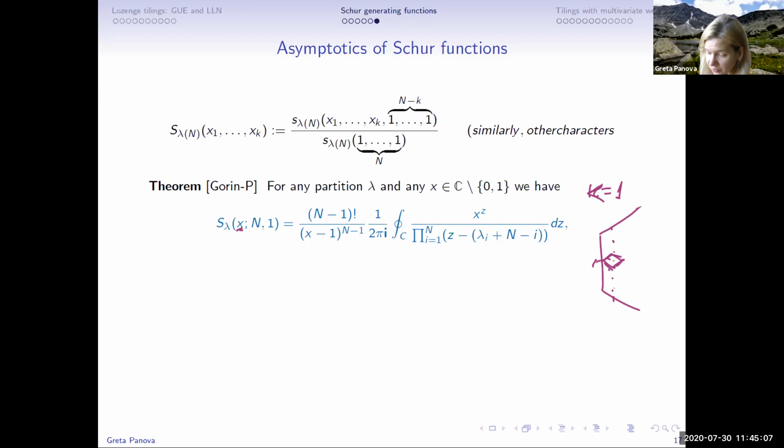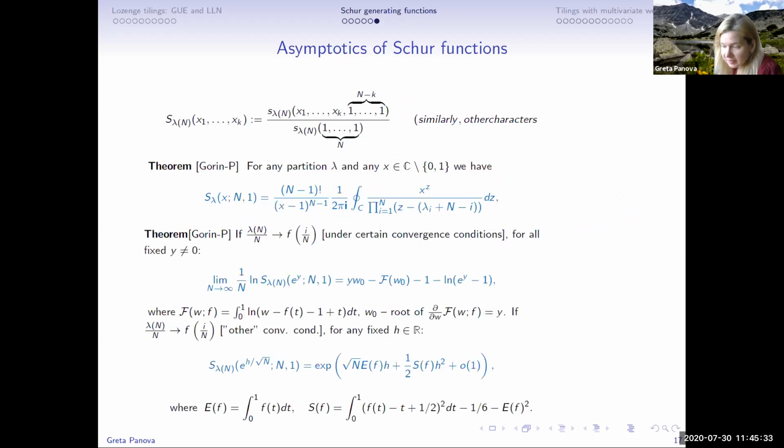How did we prove this formula? It comes from the expansion of the Weyl determinantal formula, and this integral is just a compact way of writing it as a sum over some partial fractions, so actually a sum of rational functions that this integral encapsulates.